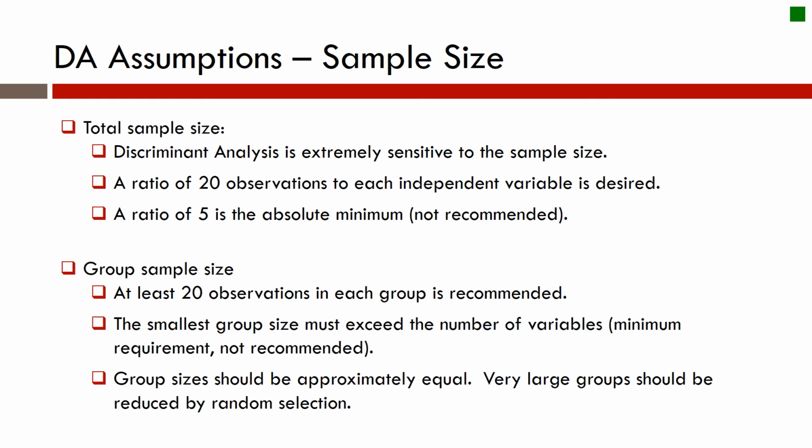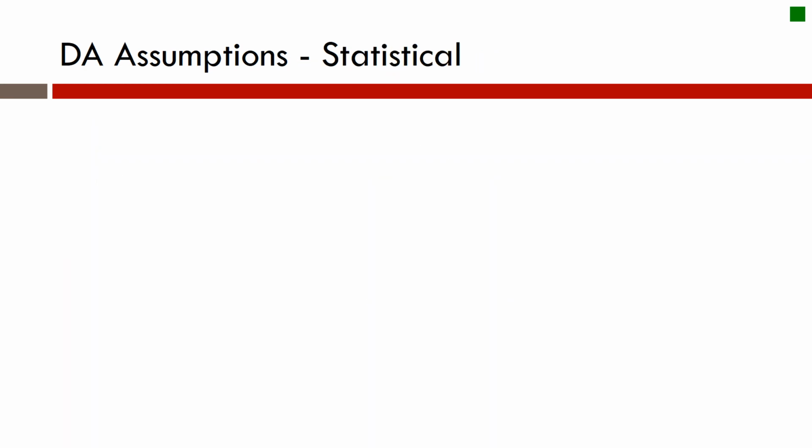There will be a disproportionality problem if one of the groups is substantially larger than the others. There are some statistical methods to deal with unequal groups a little bit, but ideally you want the groups to be approximately equal if they can be.